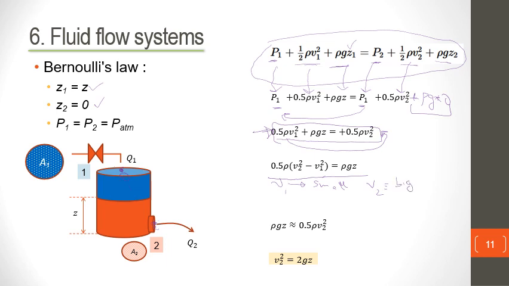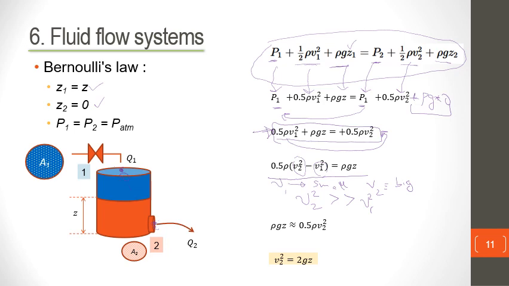This means, therefore, that the square of V2 is going to be much bigger than the square of V1. So big that when you have the square of V2 minus the square of V1, this is effectively insignificant.